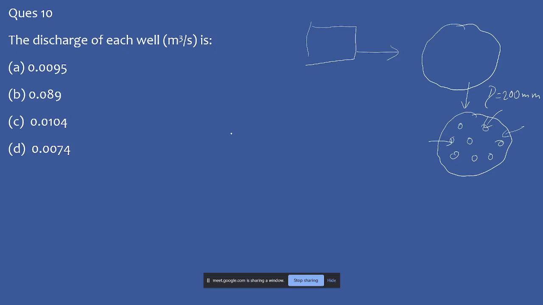The same formula we are going to use: pi into k into (Hw0 square minus Hw square) divided by ln of the radius of influence. The only part which is going to change is the equivalent radius.